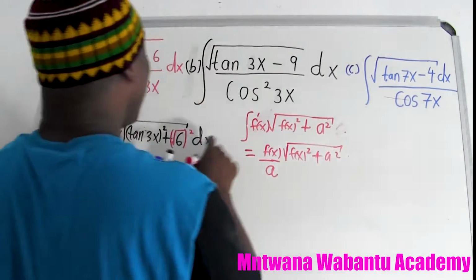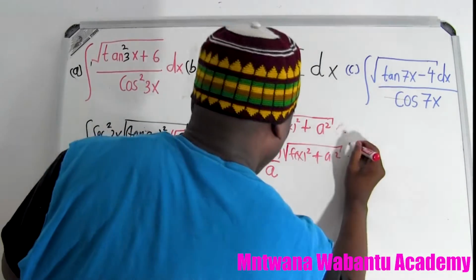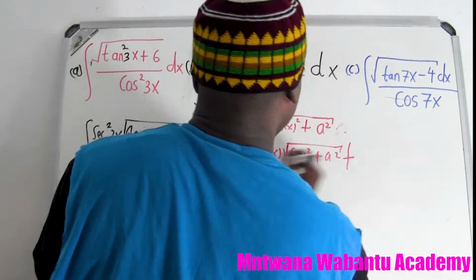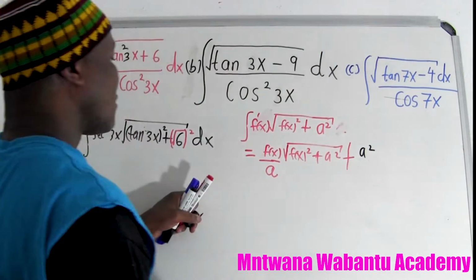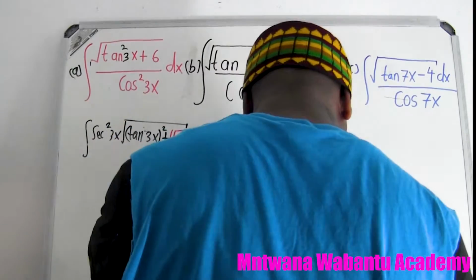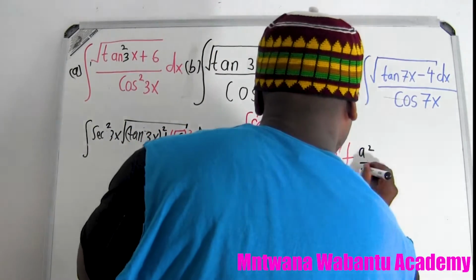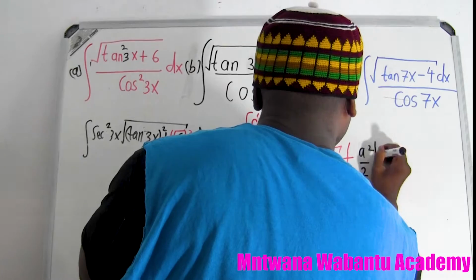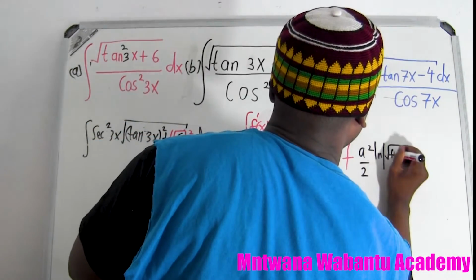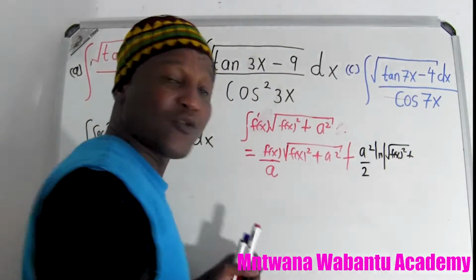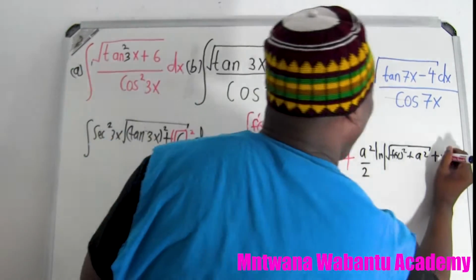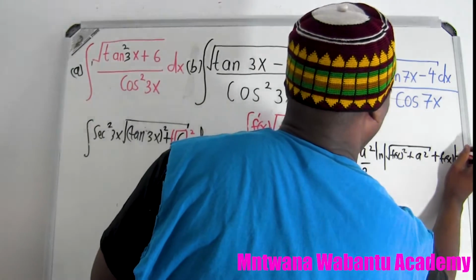And then if this is plus here, write bigger plus. And the next thing here, we're going to say take your a square, you see what I'm saying, your a square here is going to be a square. And then here we're going to say over your 2, and then write your ln, and then absolute, and then write exactly f of x, square root of f of x squared plus a squared, and then you plus your f of x, and then you plus your constant c.